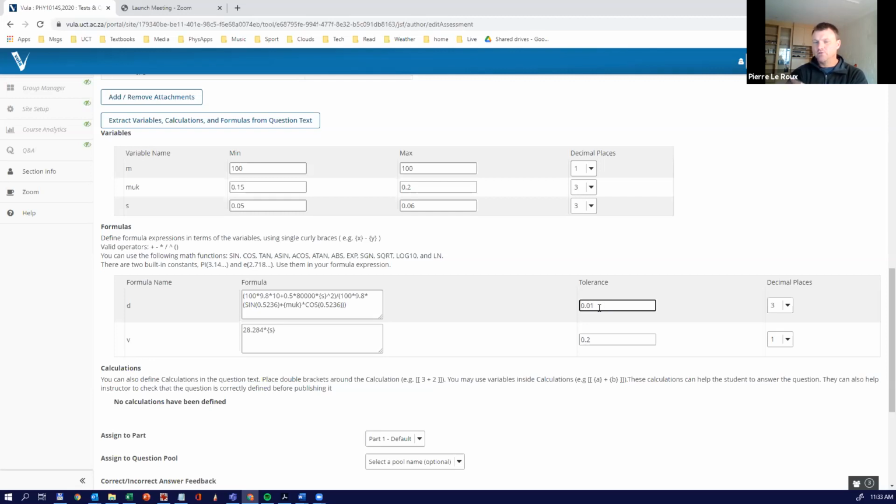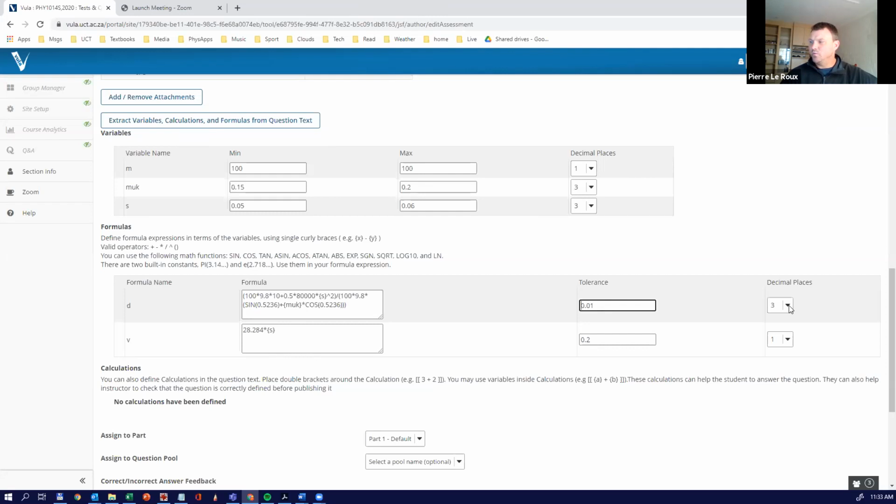So you do allow for small miscalculations and people rounding off things. Depending on which course it is and how important the accuracy of the answer is, you can then be quite liberal. Like you see in this case, I've been quite strict on this value, but on this value, 0.2, it's a broader perspective in terms of the accuracy.